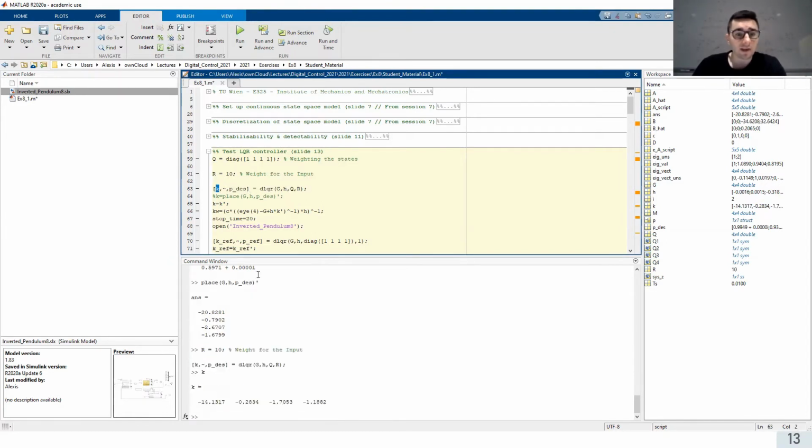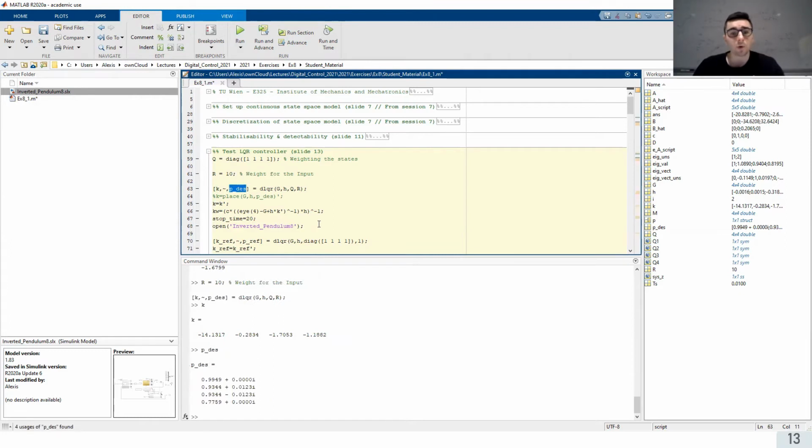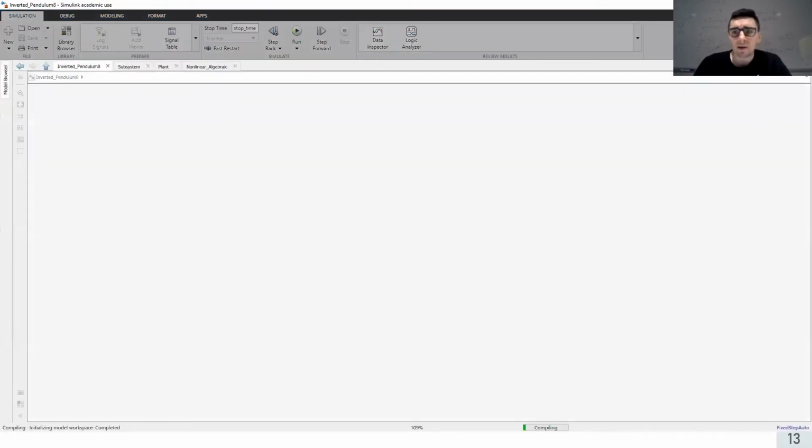And so here's this new gain, which corresponds to a new closed loop pole location. Then with R equals 10, the system should react a little bit slower, and we should use less input action, basically.